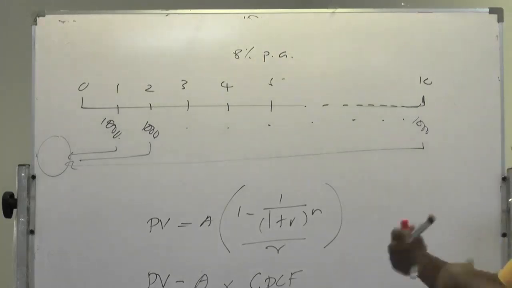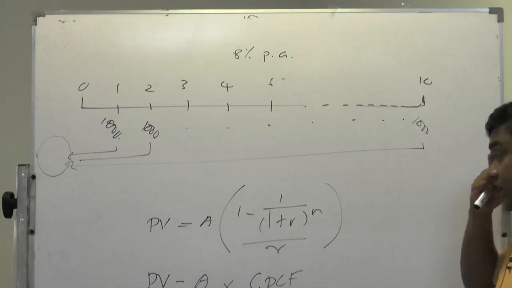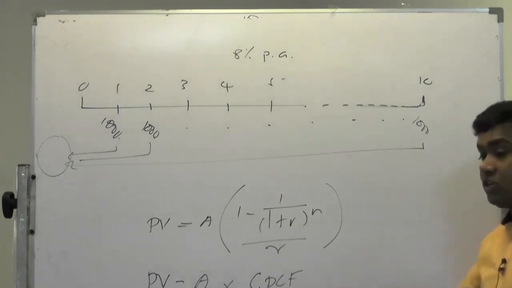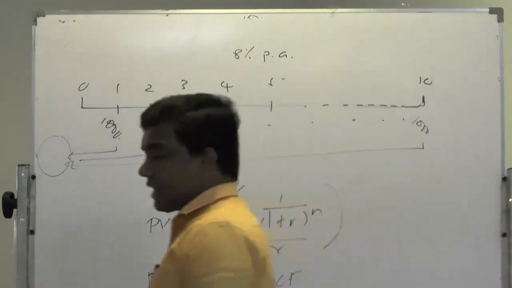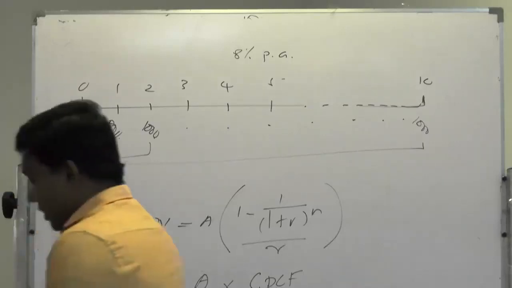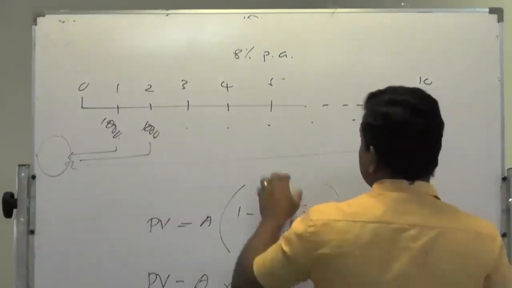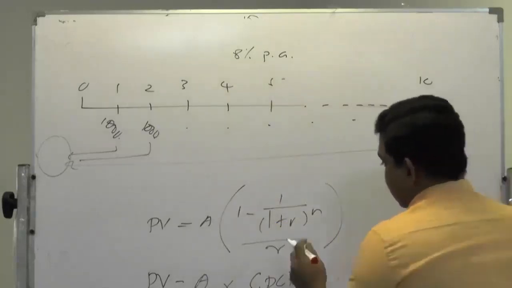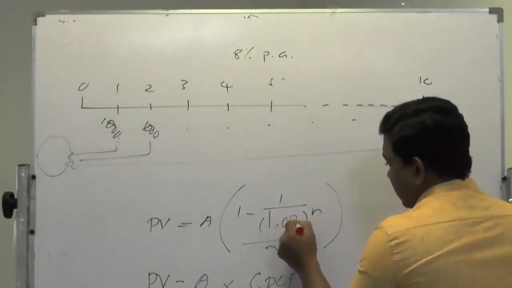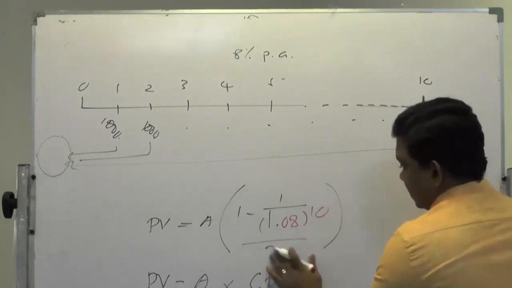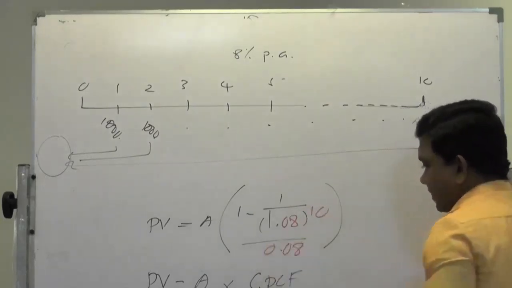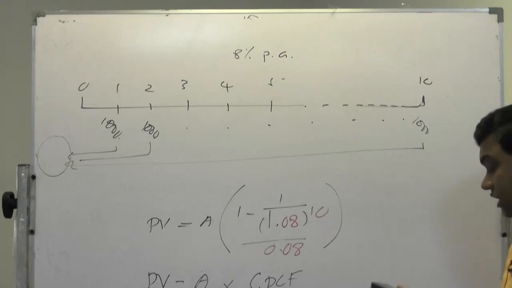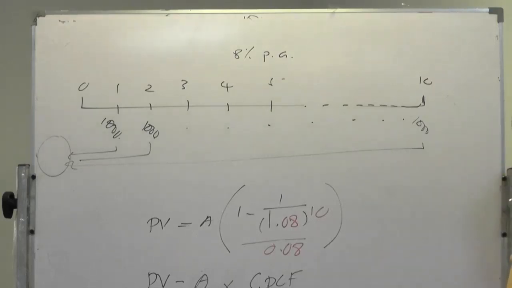Also, I told you how to find the cumulative discounting factor using the table, or you can use the calculator. Let's see what the cumulative discounting factor is for 10 years at 8%, right? Here 1.08 for 10 years. Let's calculate the cumulative discount factor, or you can use the book and quickly find it.